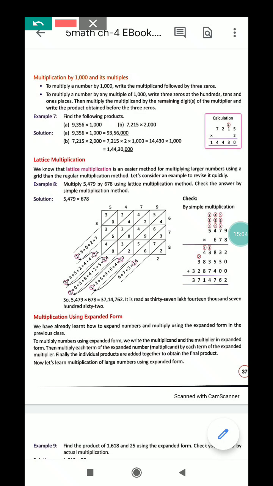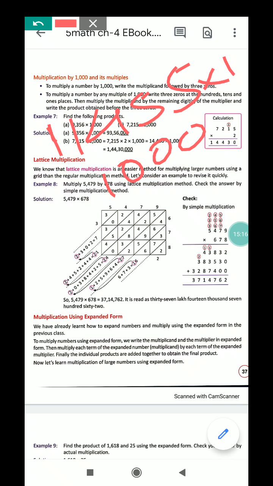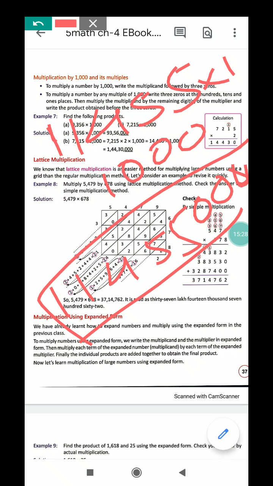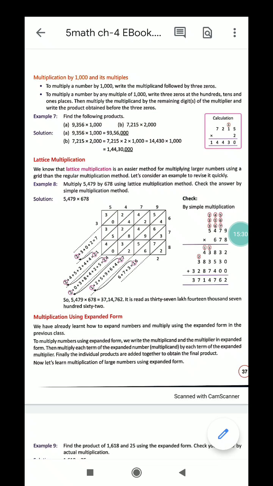Let's take an example. 11,455 multiplied by 1000. So what we will write? First of all, we will write 3 zeros, then 11,455. This is the required answer.